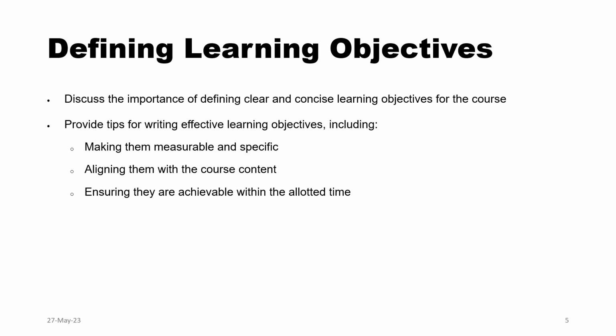Why are learning objectives important when we decide to start our program? This is to make sure that they are measurable and specific, aligned with the course content, and that we ensure they are achievable within the time given.